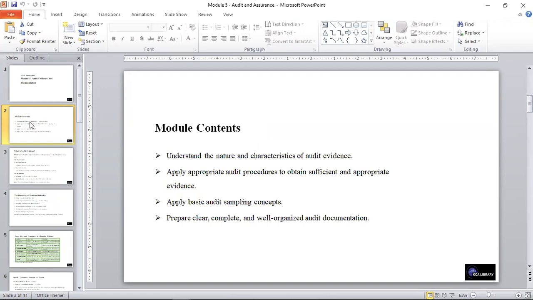Also, we will apply appropriate audit procedures to obtain sufficient and appropriate evidence, and this module will also apply basic audit sampling concepts, and there will also be a preparation of clear, complete, and well organized audit documentation. This presentation is just an overview of the whole thing. We have the whole lecture in notes, so you can go through.